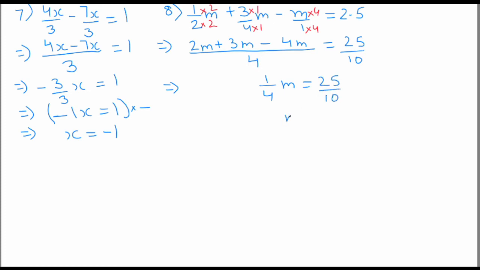Now m will be 25 over 10 multiplied with 4 by 1. Now cut this all. We'll see 5 fives are 25, 5 twos are 10, 2 twos are 4. So the value of m will be 5 twos are 10.